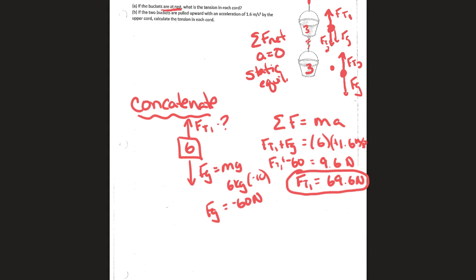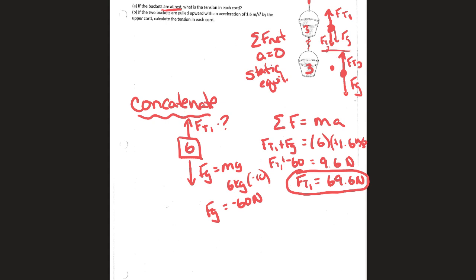And you say, but we didn't do the physics of the 2 separate buckets. Correct. But if you pretend the bottom string doesn't exist, it simplifies the free body diagram. Now, if you want to find forces that are in the middle between the 2 objects, then you have to do what's called discrete analysis. You separate the objects.